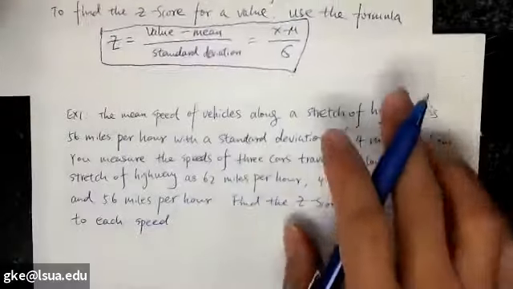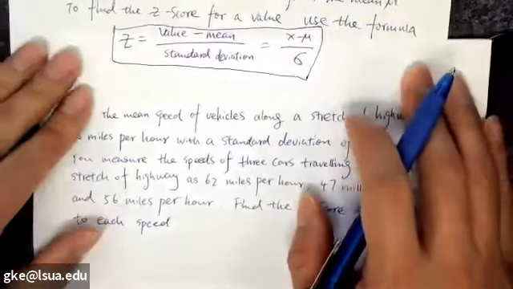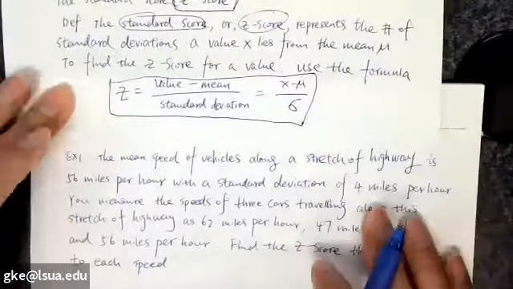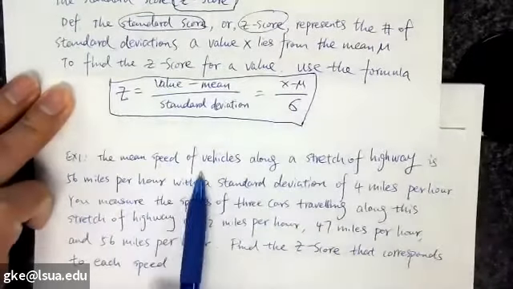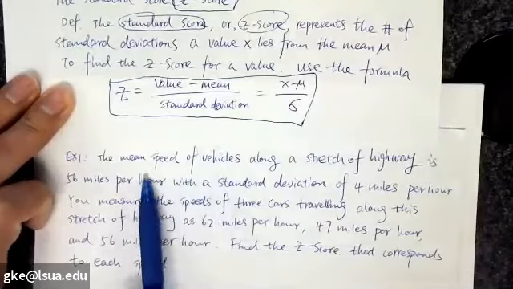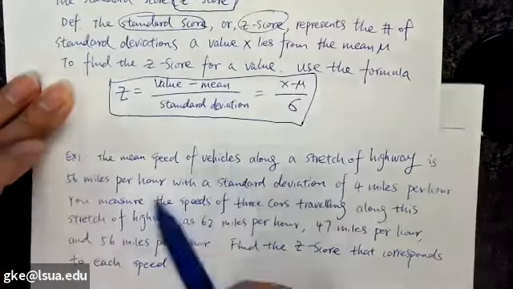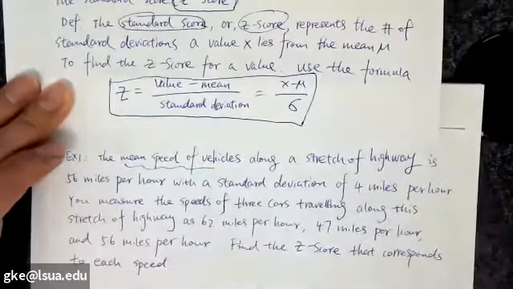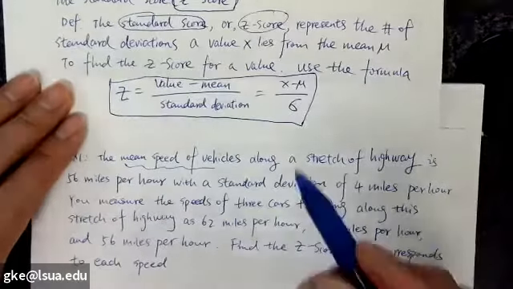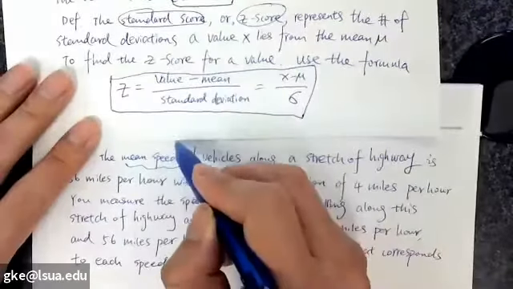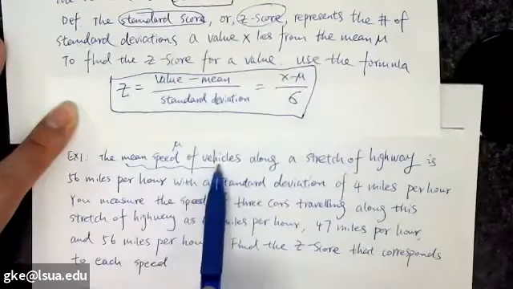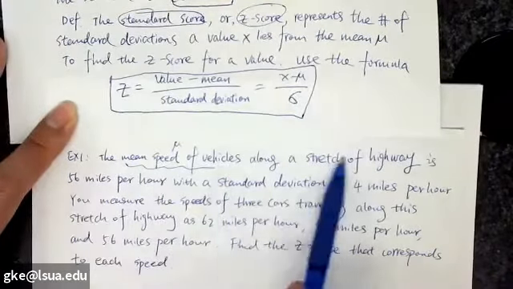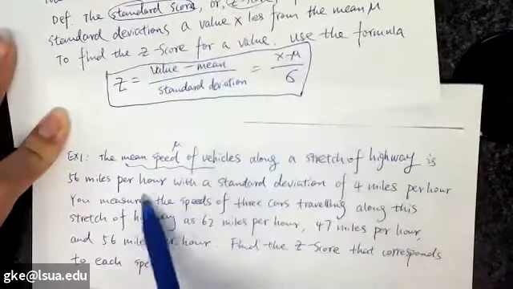Of course, I would like to put the formula here, in case you need it. Now let's take a look. The mean speed of vehicles is what? It is mu, right? It's very straightforward. So we know the mean speed of vehicles, that means the mu here.